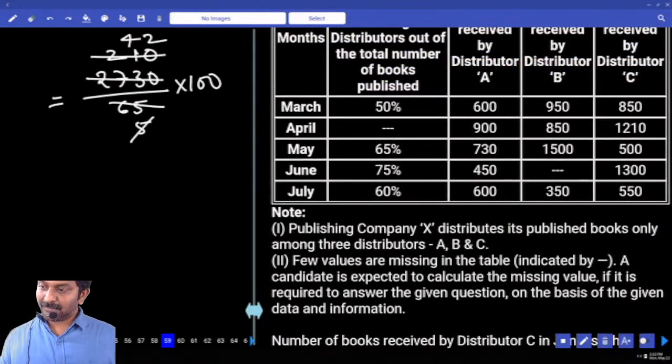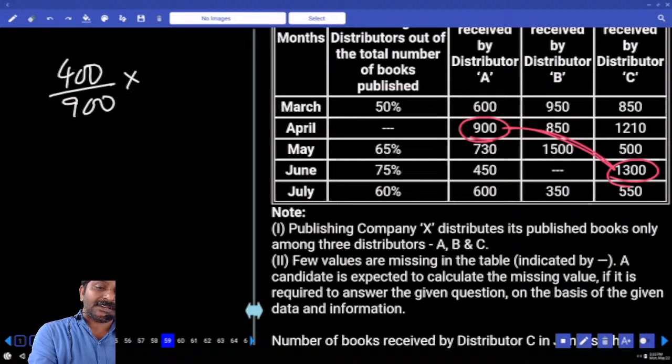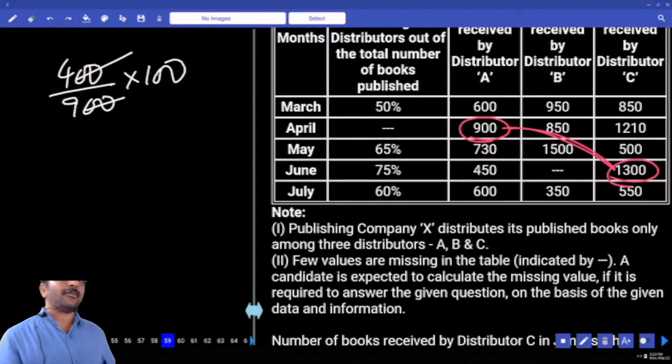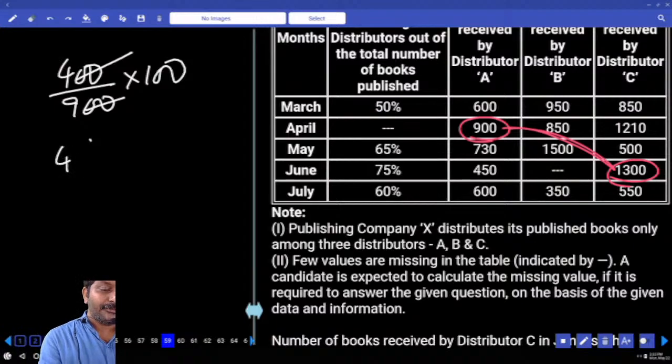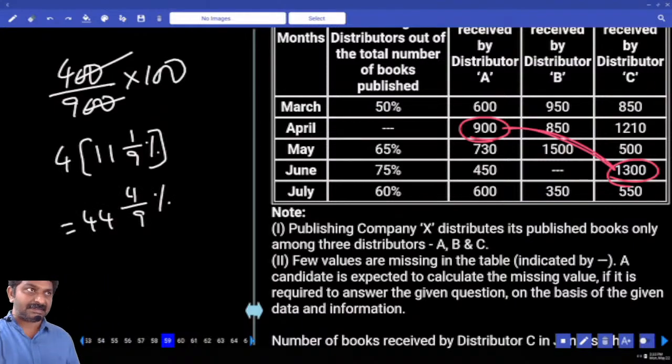A in April is 900, and 1300 is how much more? 400 more upon 900, into 100 only. 2 zeros can be cancelled. 4 by 9, can I write it as 4 into 1 by 9? What do you mean by 1 by 9 percentage? 11 1 by 9 percentage. Overall 44 4 by 9 percentage.